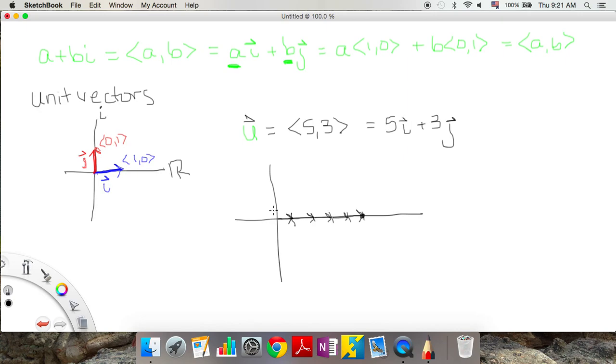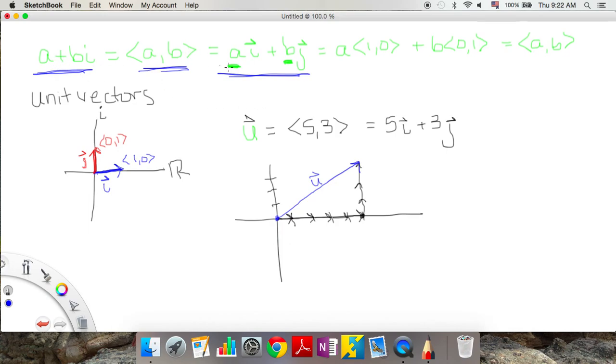And plus, we're going 3 in this direction, so we're adding them, so we go 1, 2, 3, so that in the end, u is this vector here, where we added a multiple of this unit vector plus a multiple of this unit vector. Most of it's just a notation thing. You need to make sure you know how to deal with this notation, and this notation, and realize that they are all the exact same thing.